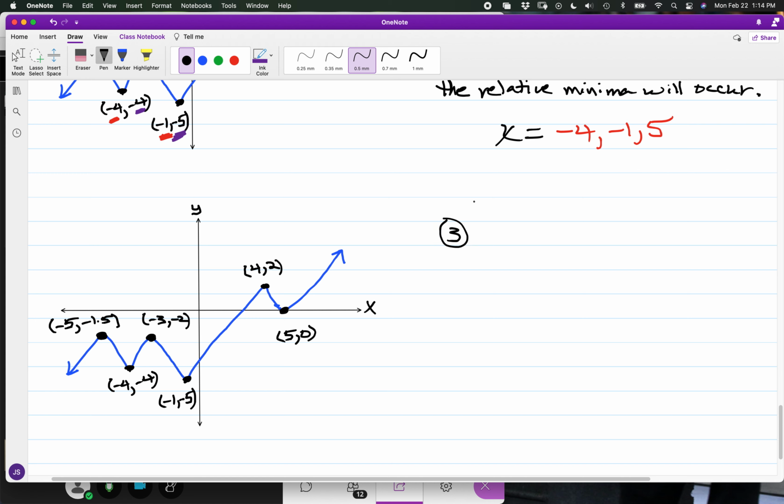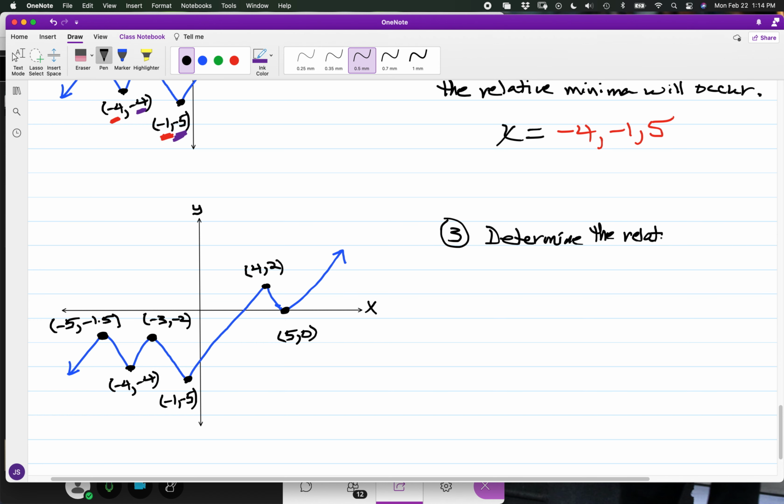So for this third part, if we're looking at determining the relative maxima of f of x, again, for the relative maxima, those are going to be your y values.